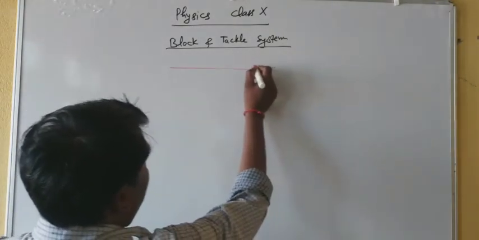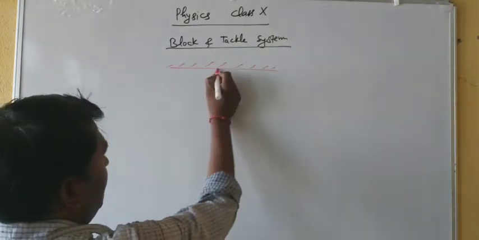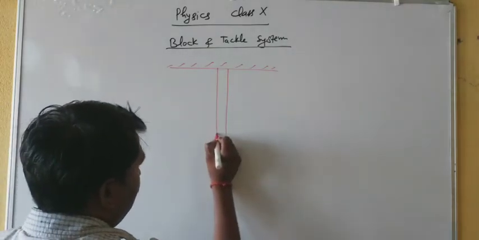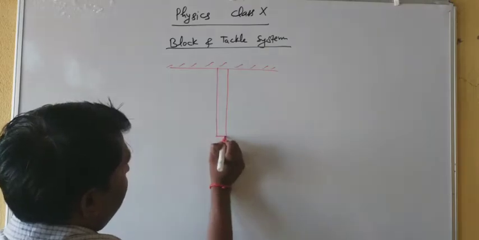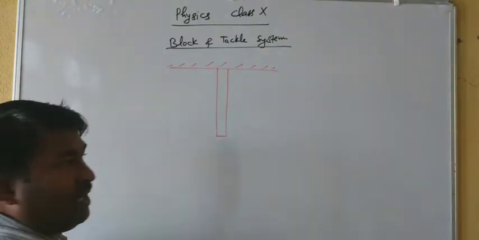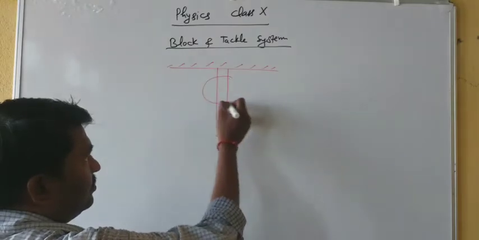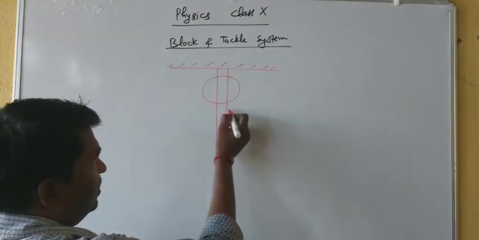there is a rigid support and there are two blocks. The one which is fixed with the rigid support is said to be the upper block, having several pulleys.